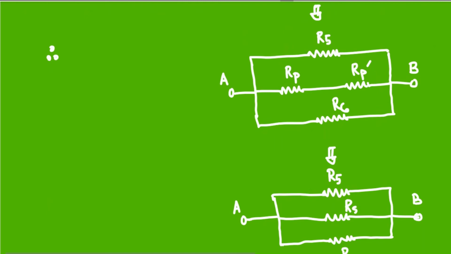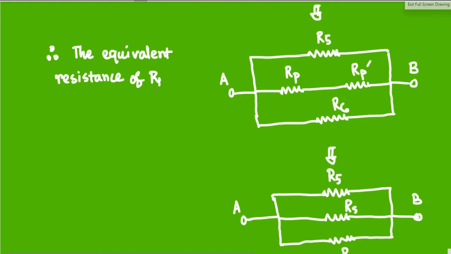Now the equivalent resistance of the parallel combination of the two resistances R1 and R2 is given by Rp equal R1 dot R2 divided by R1 plus R2.